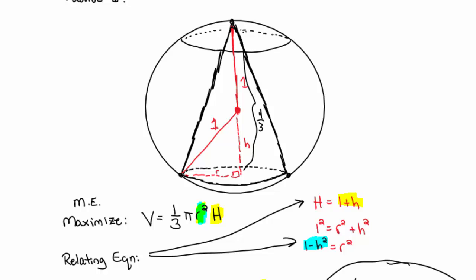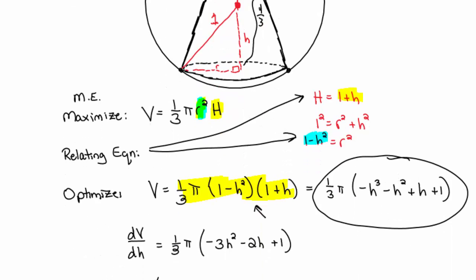Here you go. That's how you do an optimization problem. Again, step by step is really just reading it, developing a good picture to help you out. The picture really helps out in this situation. And from that point, making sure you write a formula for the variable you want to optimize. You have too many variables in that formula, and so you need to find a relationship between them, which we did.